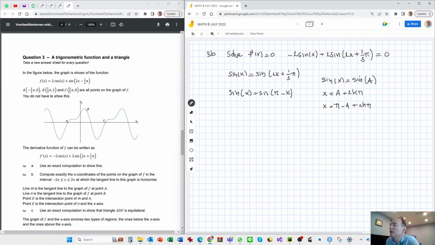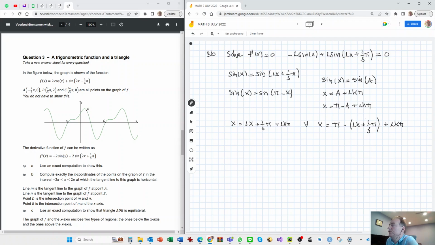You get x is 2x plus 1/3 pi, or, no, I forgot the other solutions, or x is equal to pi minus that thing here, 2x plus 1/3 pi, and then I can also add 2k pi to it.